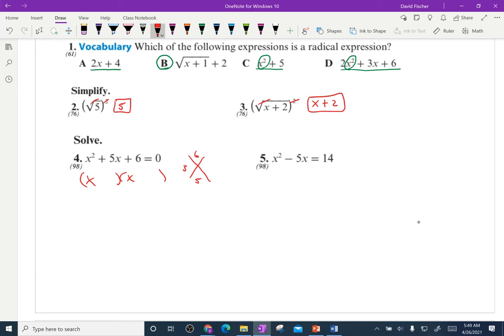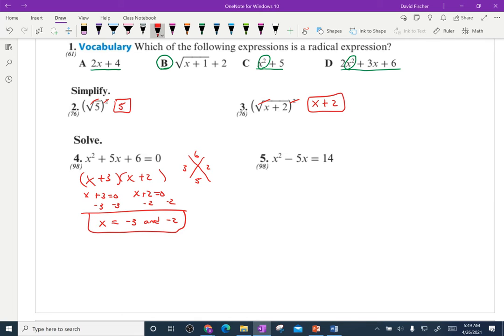And so our two numbers are 3 and 2. And both of them are going to be positive because they'll both add up to 5, and 3 times 2 is 6. But we're not done yet, because then we have to set them to 0, if you remember. And then we subtract 3 from both sides, and we talked about taking a shortcut as long as you were careful, that our two answers are minus 3 and minus 2.